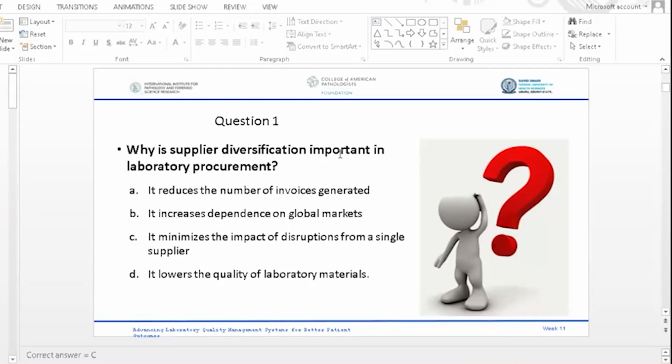But listen, why is supplier diversification important in laboratory procurement? A, it reduces the number of invoices generated. B, it increases dependence on global markets. C, it minimizes the impact of disruptions from a single supplier. D, it lowers the quality of laboratory materials.